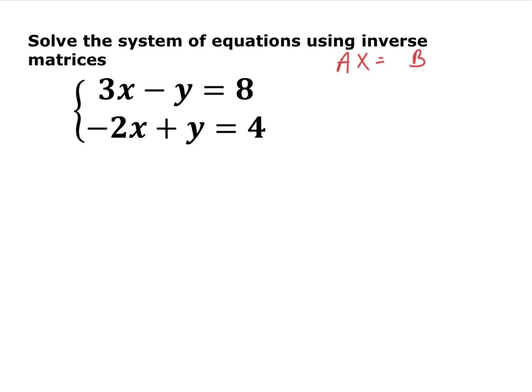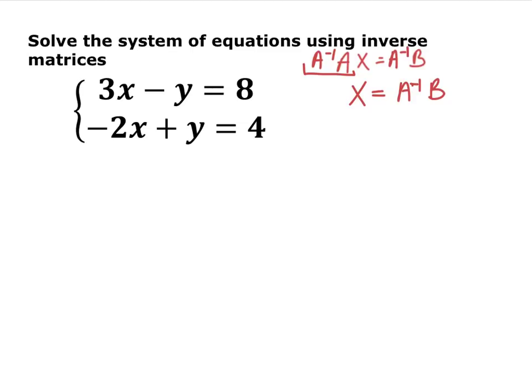Most of you would probably say you divide both sides by A, which is the same thing as multiplying by the inverse of A. If we multiply that side by the inverse of A, we also have to multiply this side by the inverse of A. In matrix algebra, it matters which side you multiply on, so I have to multiply on the left side here and on the left side here. A inverse times A just becomes your identity, so it goes away. You're left with x is equal to the inverse of A times B.